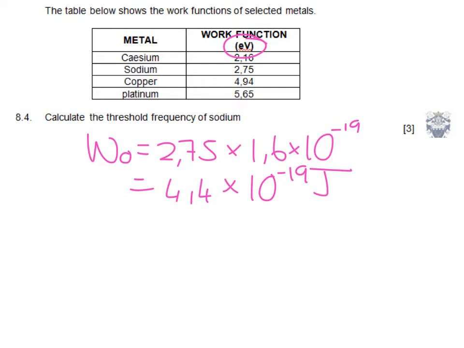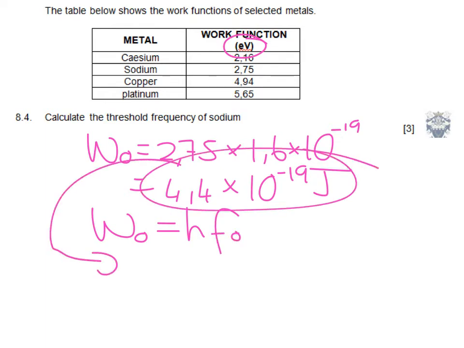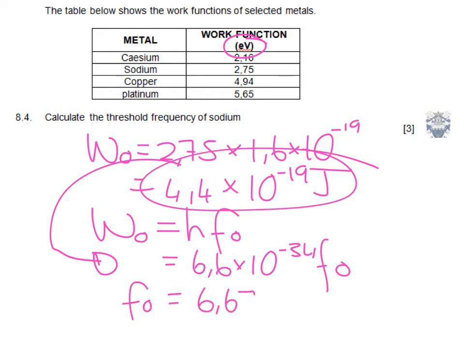Then I can say that my work function, W0, is equal to hf0, and I can put the 4,4 times 10 to the negative 19 in, 6,6 times 10 to the negative 34, and then I divide through and I land up with the threshold frequency of 6,67 times 10 to the 14 hertz.